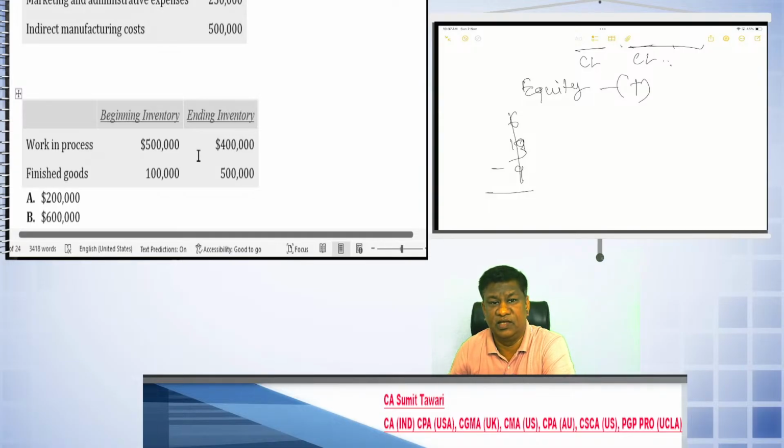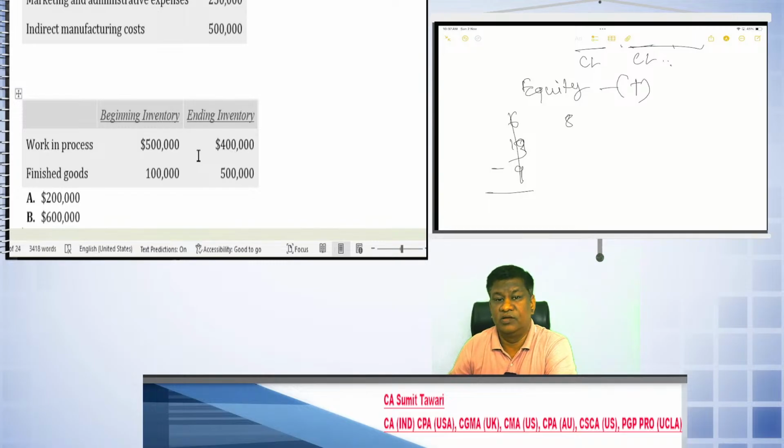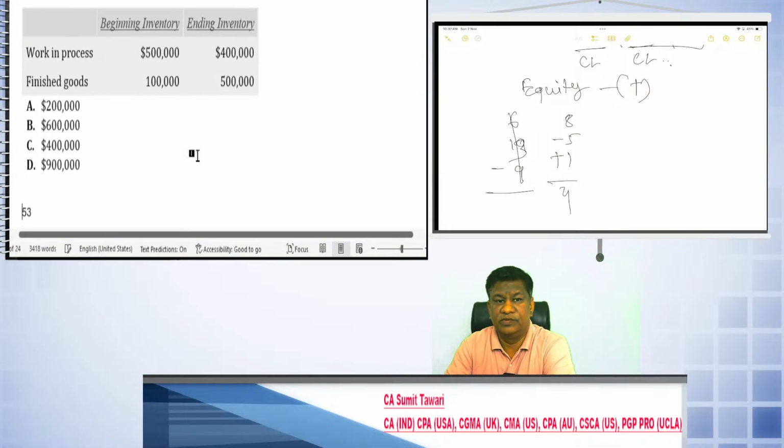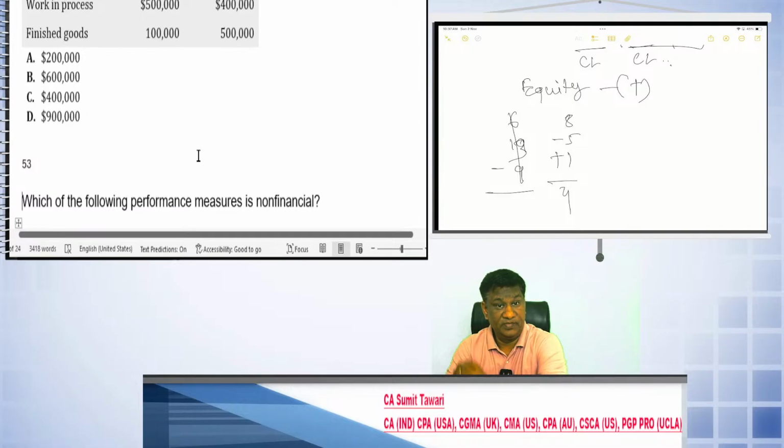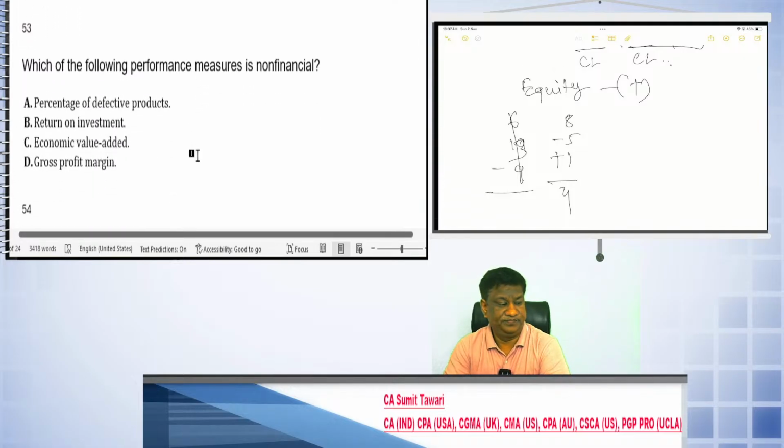Just a minute: 8 lakh, and then 5 and 4. Minus 5 plus 1. Okay, understood. C. Okay.